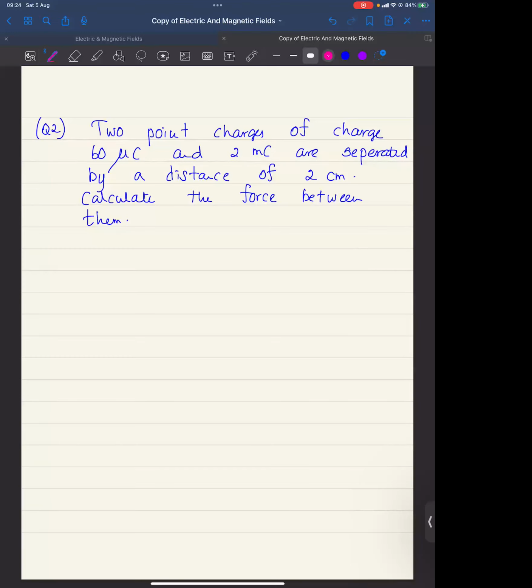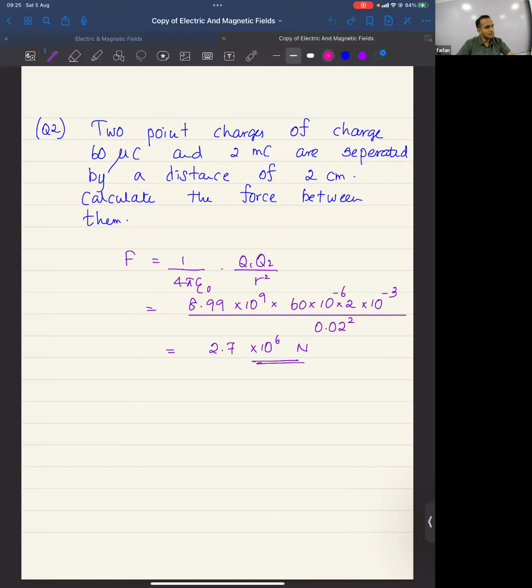Guys, what's the answer? Right. What is the answer? 2.7 into 10 to the power 6 newtons.